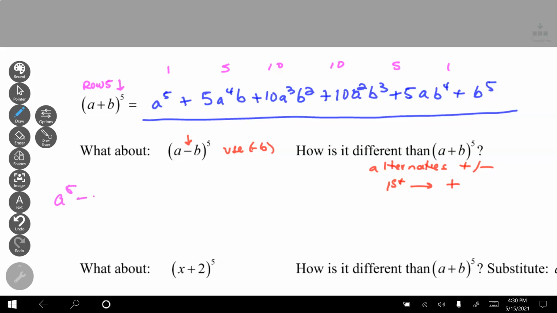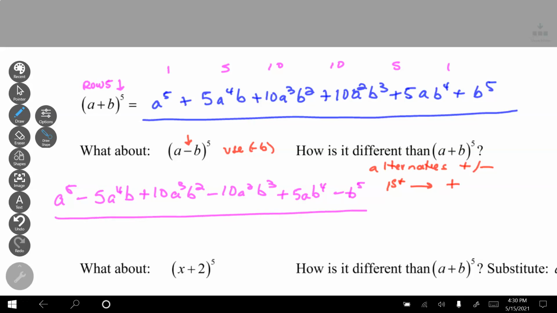A to the 5th minus 5a to the fourth b plus 10 a cubed b squared minus 10 a squared b cubed plus 5 a b to the 4th minus b to the 5th.